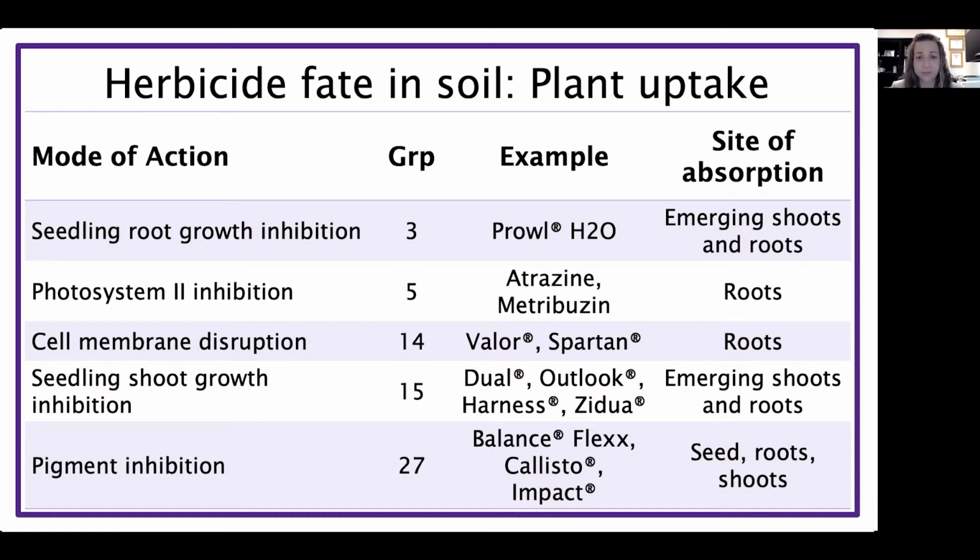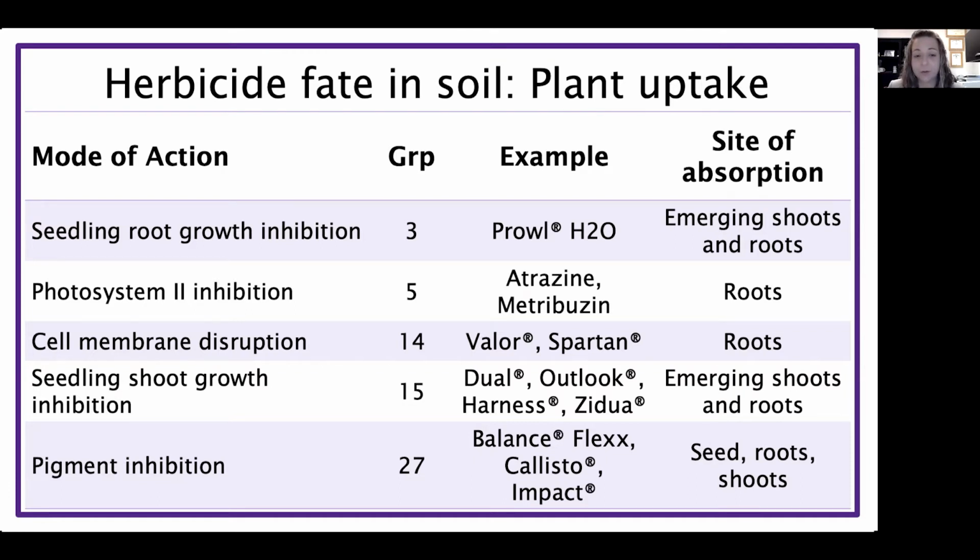The first group here would be the seedling root growth inhibitors, group 3. An example of that would be Prowl. These products are taken up by the emerging shoots and roots as they first come out of the seed. So in this case, we're not likely to see the affected plants emerge above the surface of the soil.